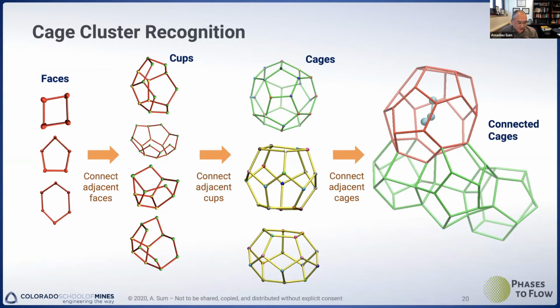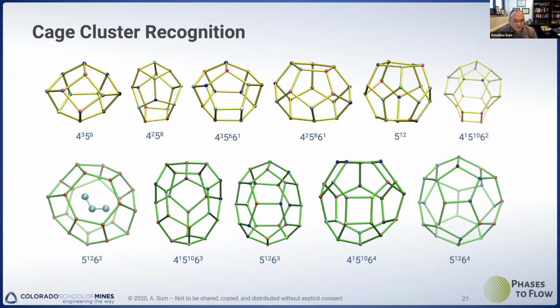This is nothing more than looking at connectivity in terms of distances, and then adjacency matrices in order to find what is connected to what, right? And through this process, we are able to identify a number of different cages that are most important when we look at the nucleation.